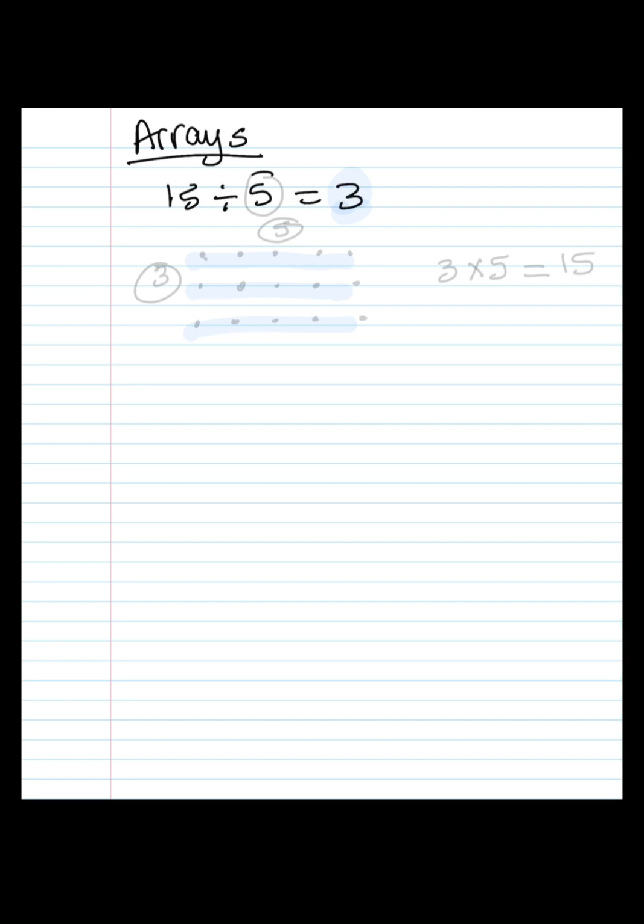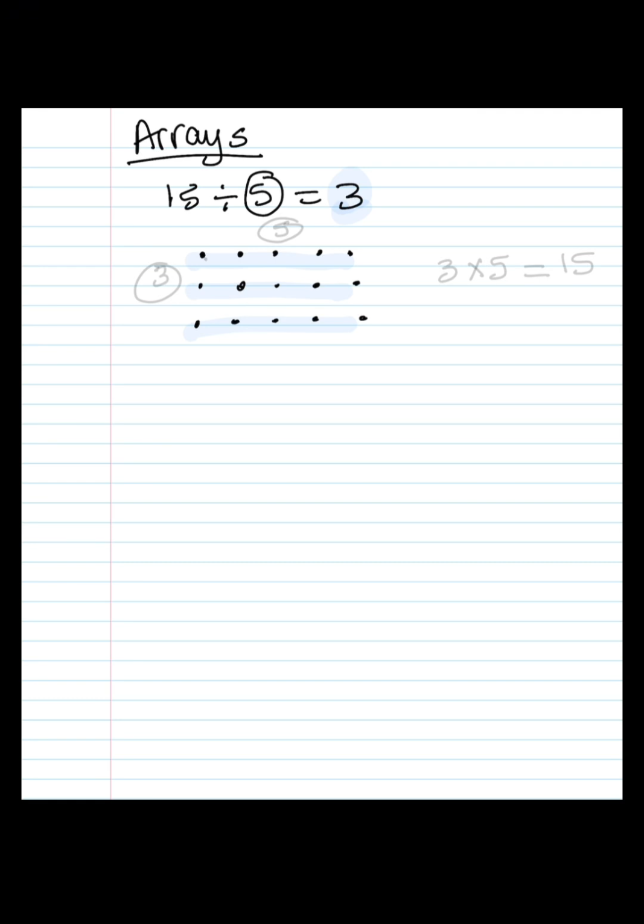So your group size is 5. So you're going to draw your group size, 3, 4, 5, and you're going to keep counting by that group size by 5 until you get to 15. So here we have 5, 10, 15.